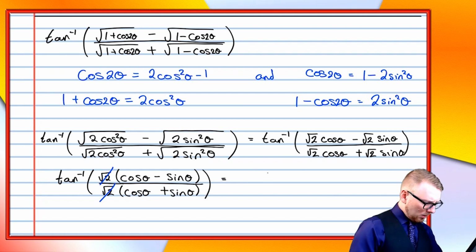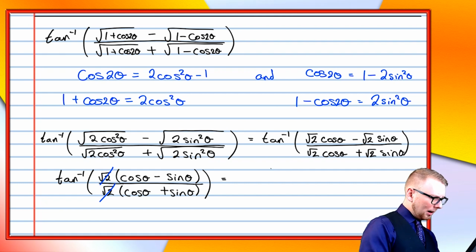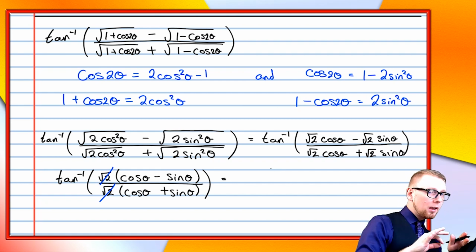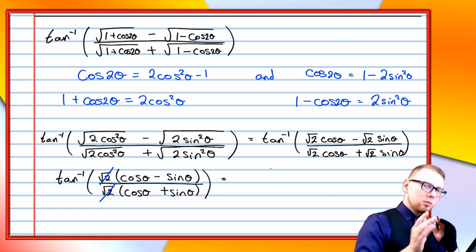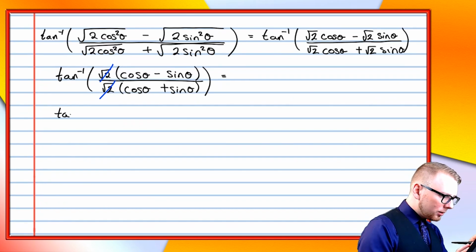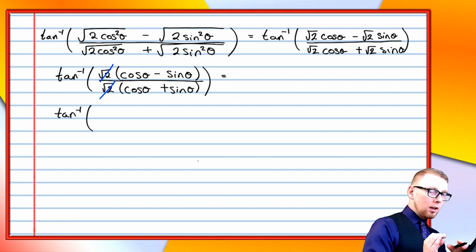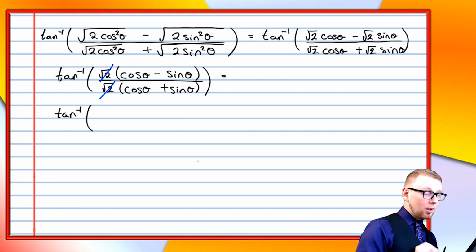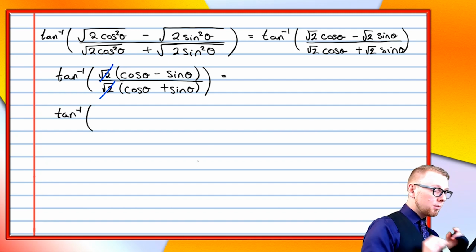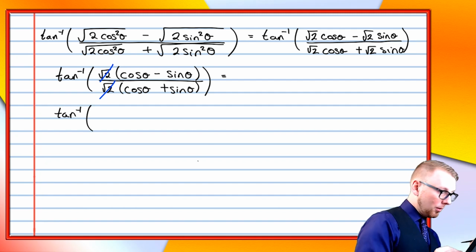Okay, well, what are we going to do now? Here's a trick. We're going to make this somehow in terms of another tan trig identity. Just watch. We've got the tan inverse of, I'm going to divide both the top and bottom by cosine theta. Okay?